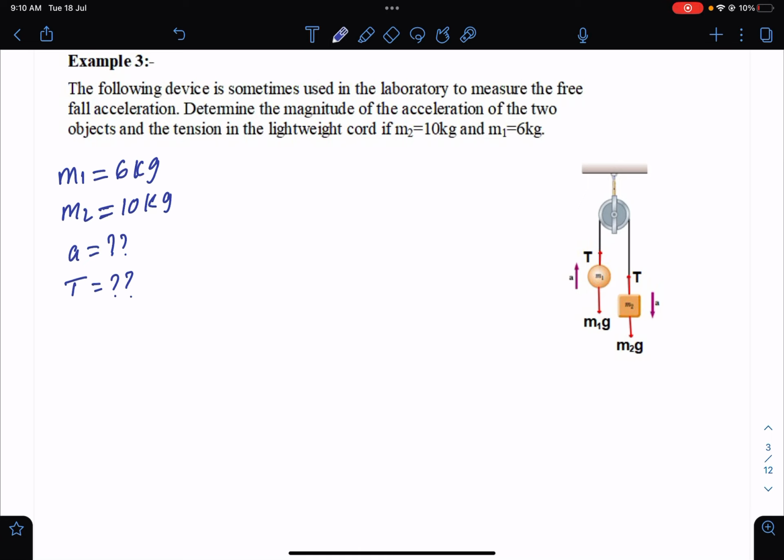So for system number 1, which is M1, the direction of motion is upward. See, the acceleration A is upward.